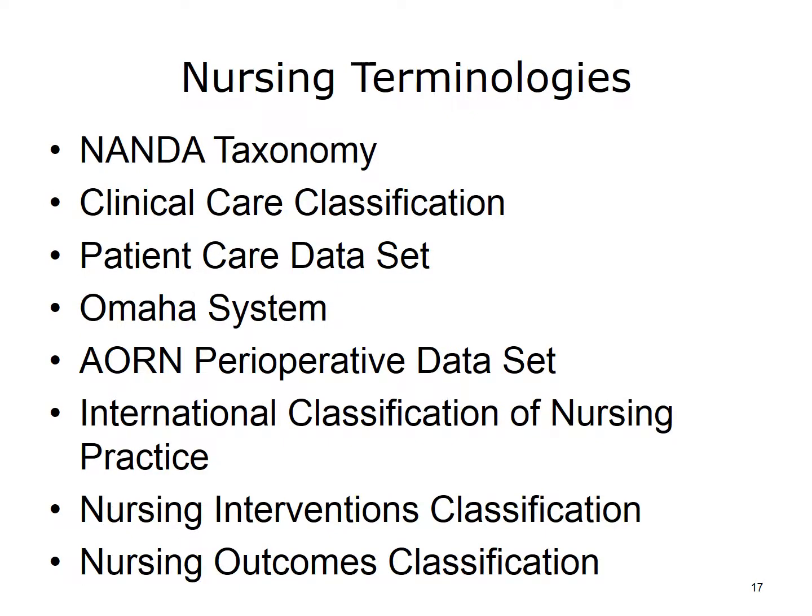Slide 17. One could truthfully say there are a lot of nursing terminologies. The popular nursing terminologies are North American Nursing Diagnosis Association, NANDA, taxonomy, clinical care classification, patient care dataset, PCDS, Omaha system, AORN perioperative dataset, nursing interventions classification, NIC, nursing outcomes classification, NOC, and International Classification of Nursing Practice, ICNP.